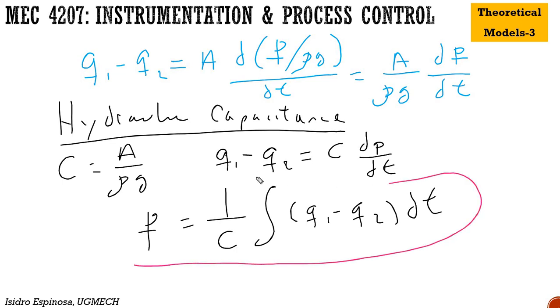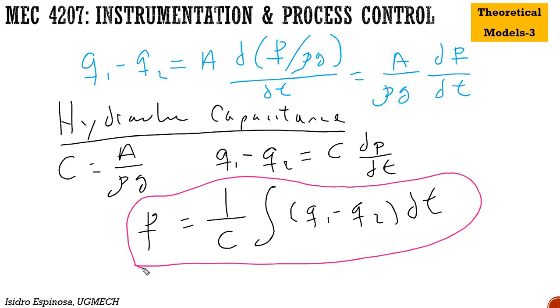This is the theoretical model for the hydraulic capacitance definition, meaning water in a container, and how, based on the variables that we have in comparison with time, we will know the pressure in the system.